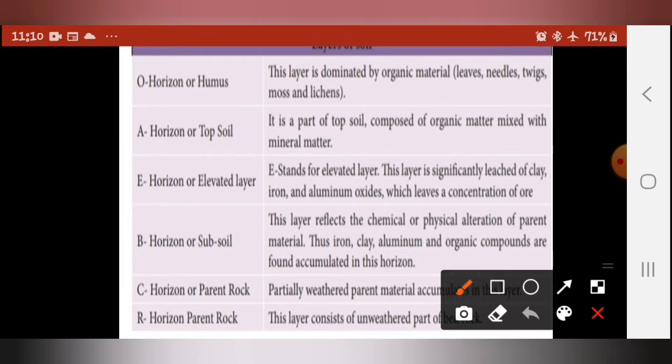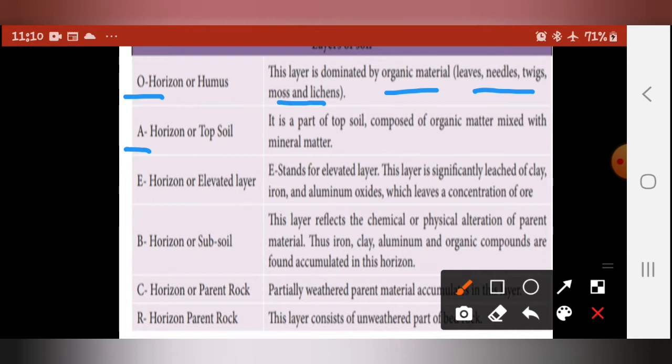What are the organic materials here? Leaves, needles, twigs, moss and lichens. These are the organic material in the topmost layer. So this O stands for what? Horizon or humus.